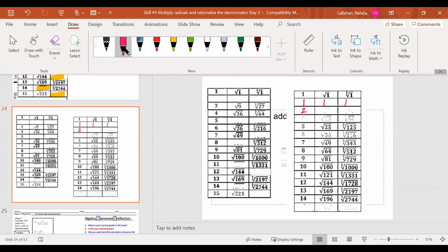And then with 2, you have square root of 2 and then cube root of 2. Oh, you know what? I'm sorry. Hold on a second. This is not what I was thinking it was going to look like. Okay, no, that's fine. Then we have 3. So you have actually it's going to go to 4. Let's just skip to 4. 4, square root of 4 is 2. Cube root of 4 is just that.